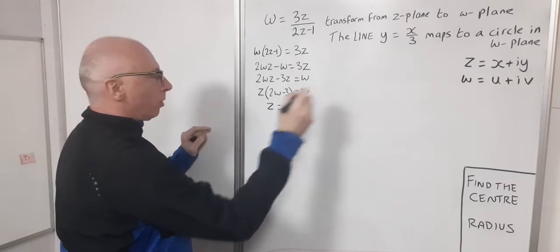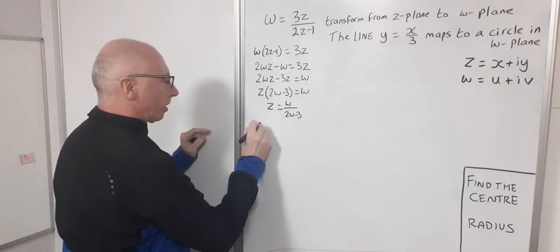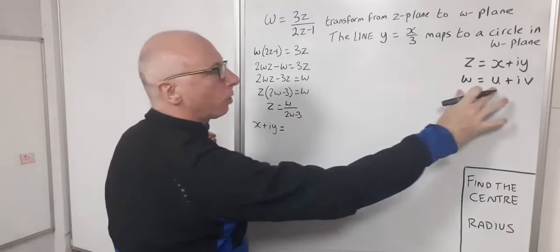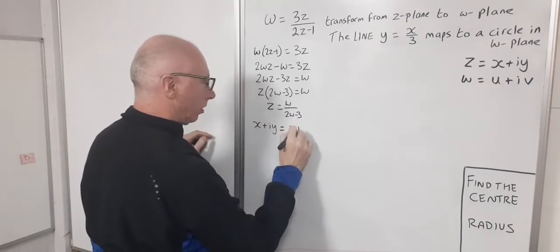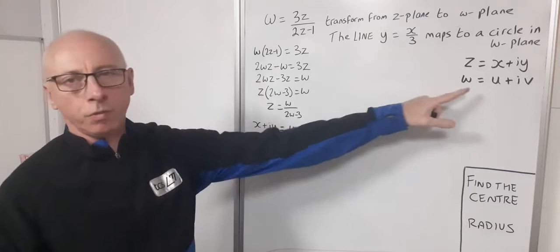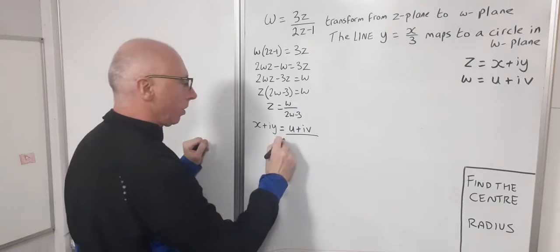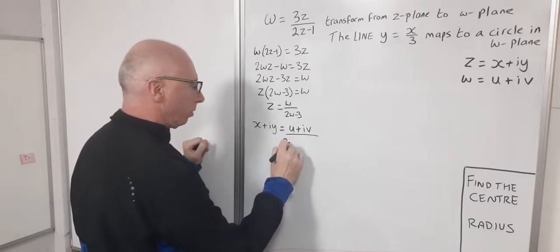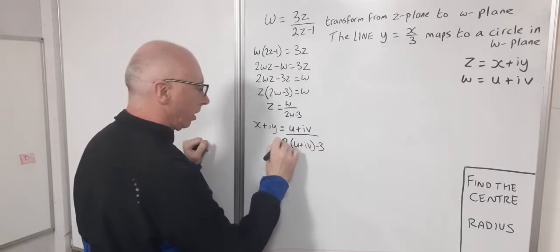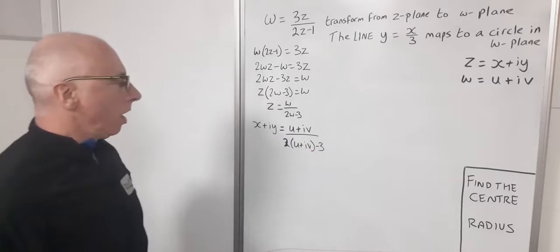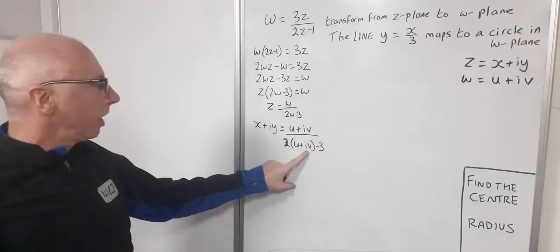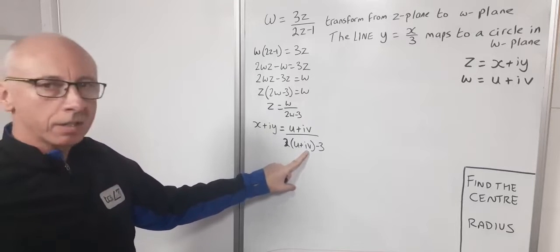So what we're going to do now is transform that using these parts of our complex number. So z equals x plus iy. So we've got x plus iy equals w, which is u plus iv, over 2w minus 3. So it's two of those minus 3. So we've got 2u plus iv minus 3. Okay, now let's simplify this and see where the algebra takes us.